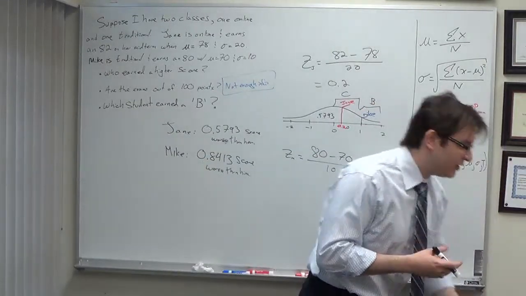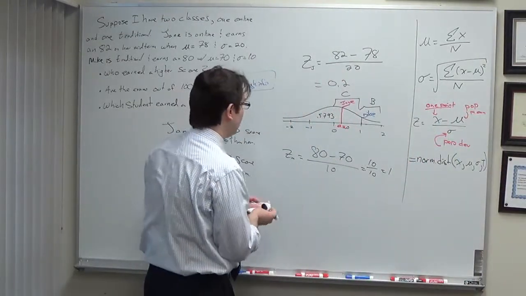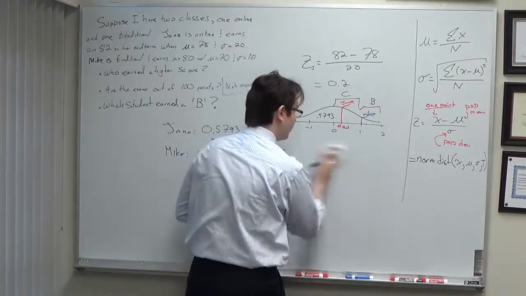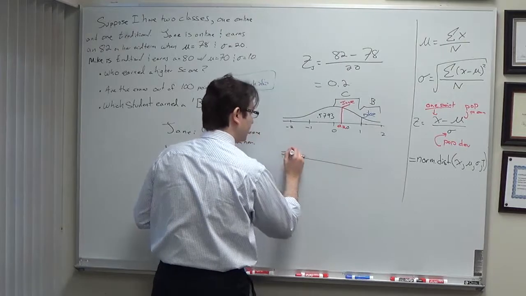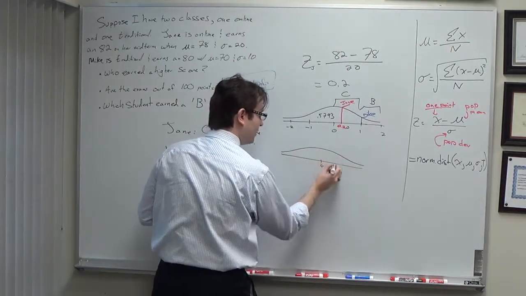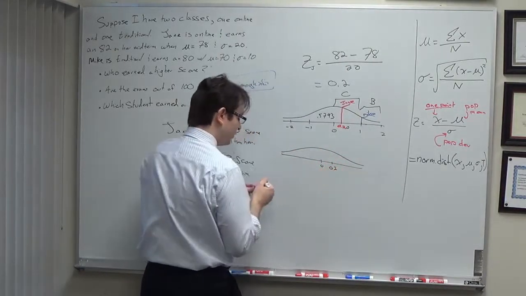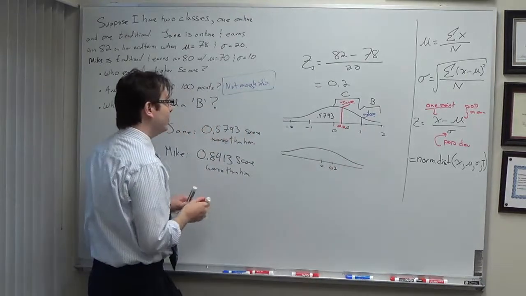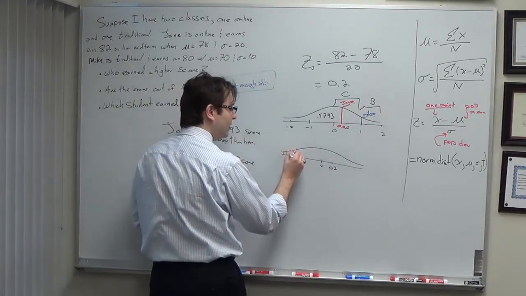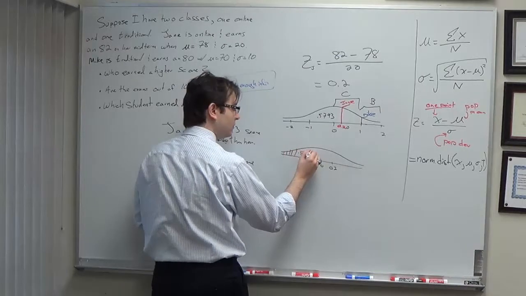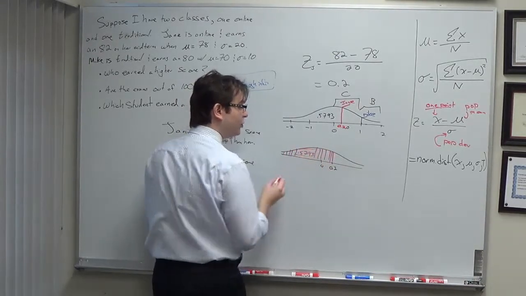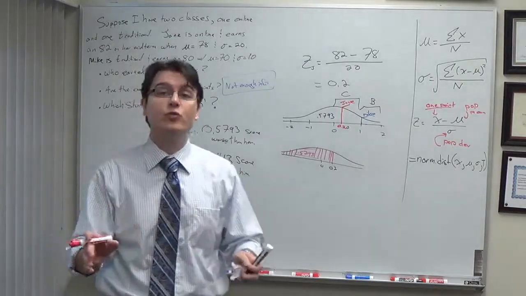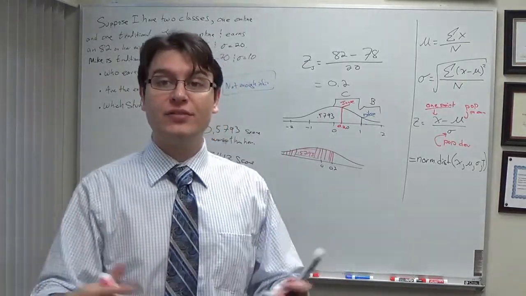And if we draw this a little bit nicer, here's 0, here's 0.2. When I say 0.5793, what I mean is that, remember, the total area under the normal curve equals 1. There's a 100% chance of something happening.